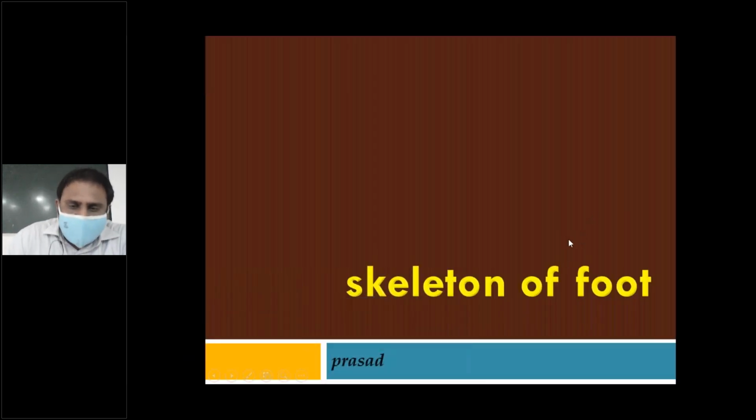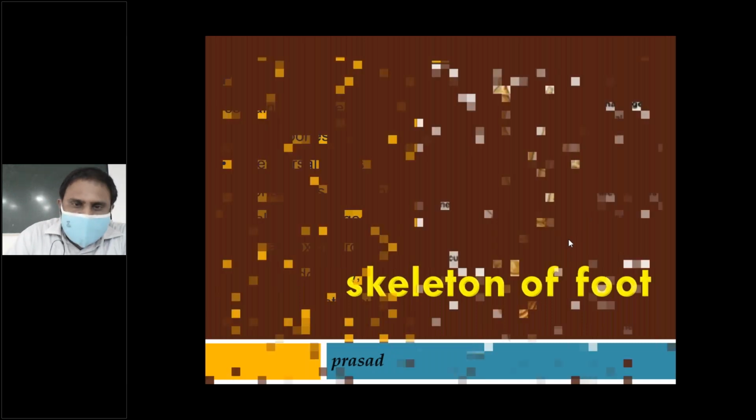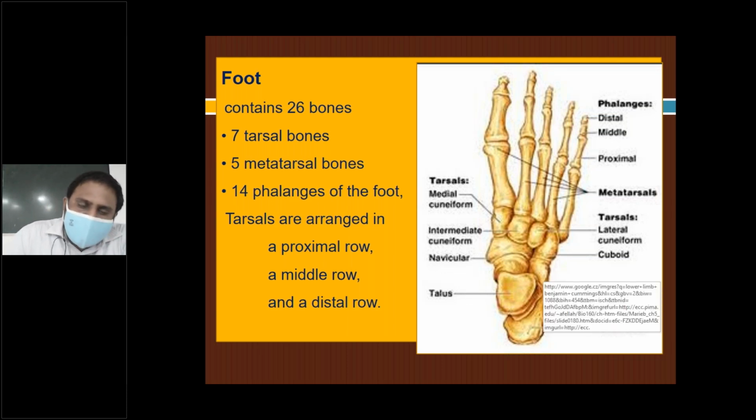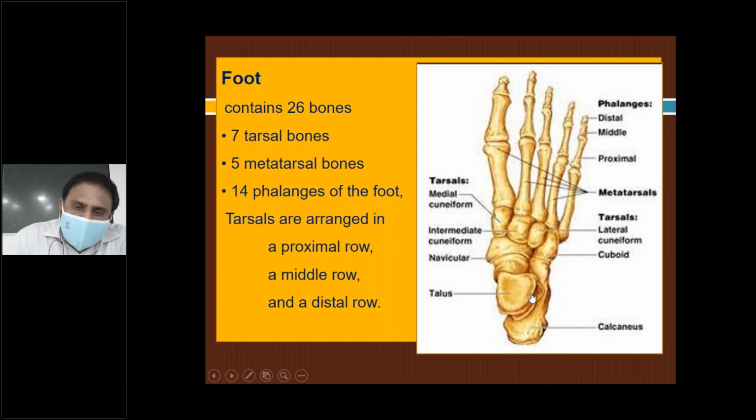Okay, skeleton of the foot. The foot consists of 26 bones: 7 tarsal, 5 metatarsal, and 14 phalanges. Tarsals are arranged in a proximal row, a middle row, and a distal row.